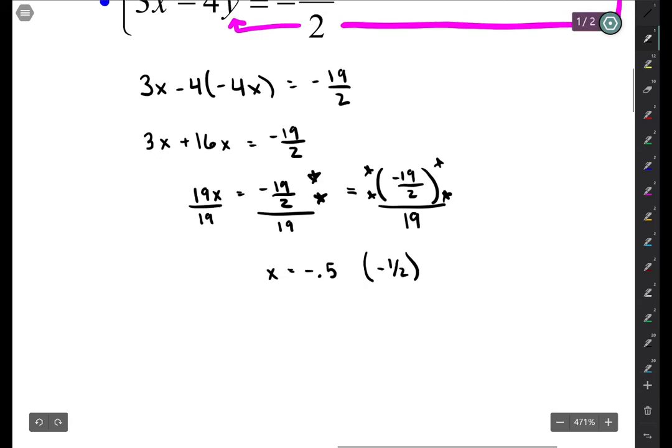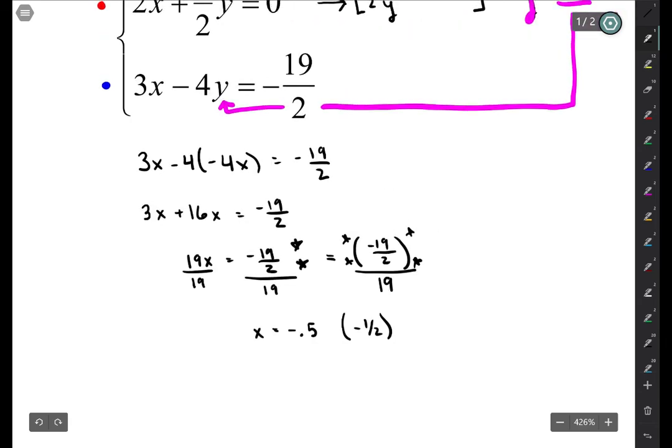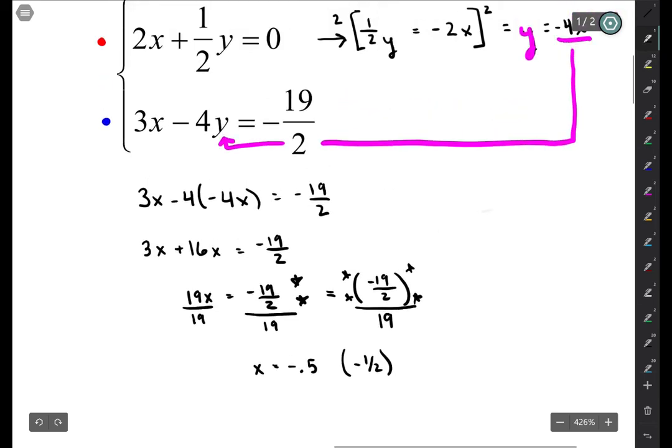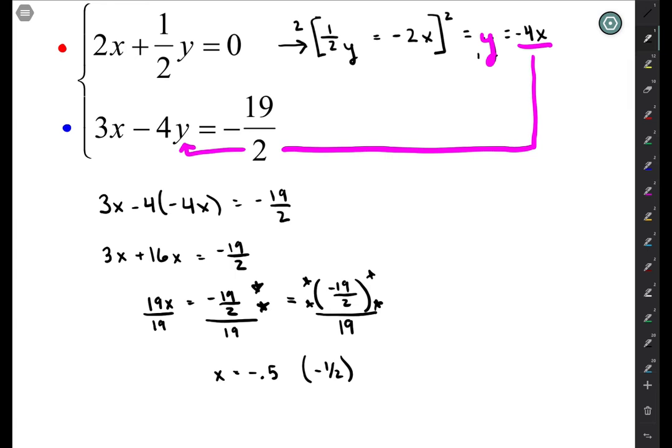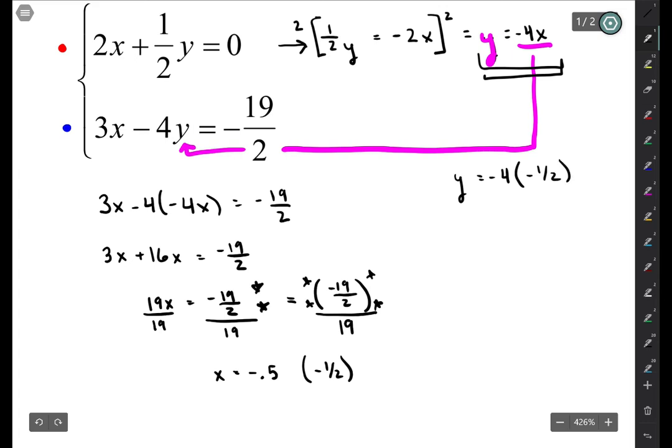Now, with x = -1/2, you can then substitute that in. I'll choose this equation I made because that will give me y right off the bat. So y is equal to -4 times our x, -1/2. Shouldn't need a calculator for that one, but that's okay. -4 times -1/2 is 2.